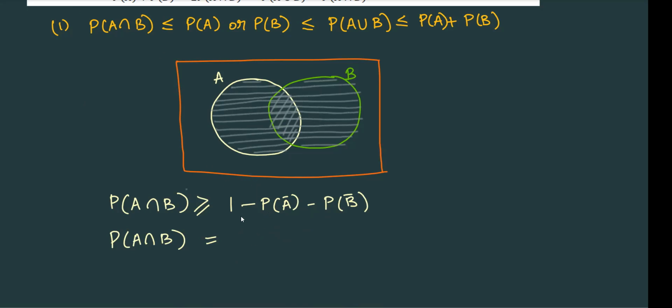Anyway, we will show it this way. Now P of A intersection B. Now P of A bar is this entire region.